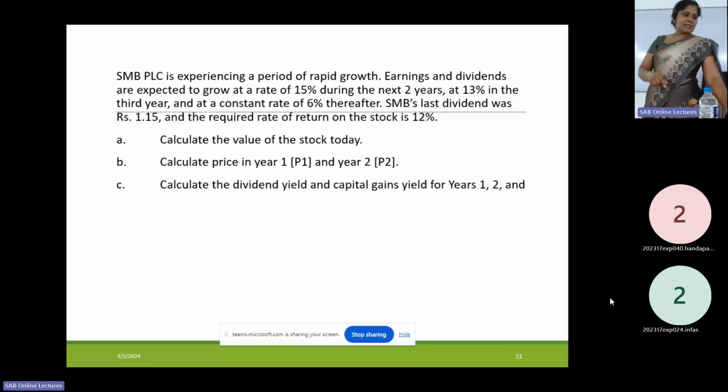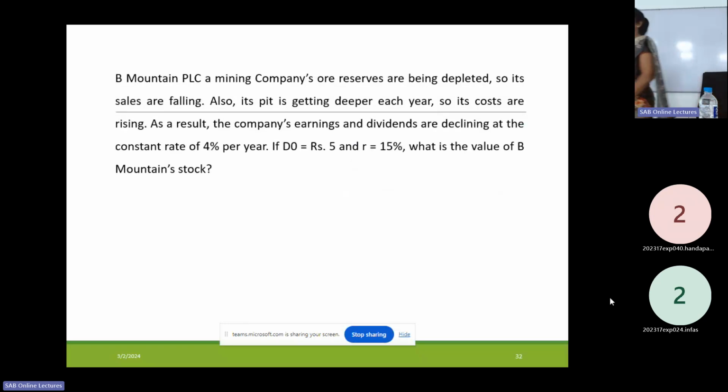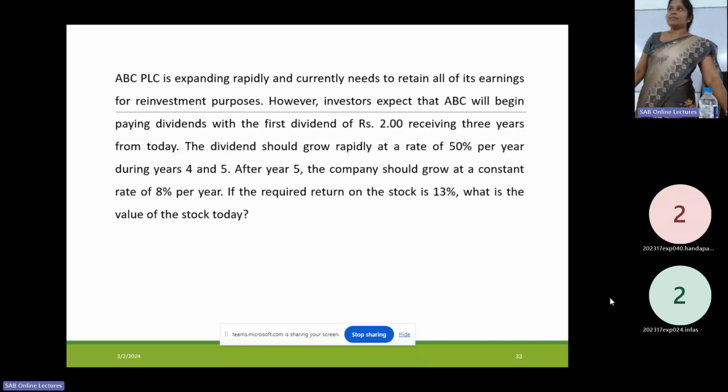So quickly, until others are joining, let's look at these examples very quickly. Actually, you should do it at your home. So then we didn't do this. Right. So let's do this one as a differential growth rate.